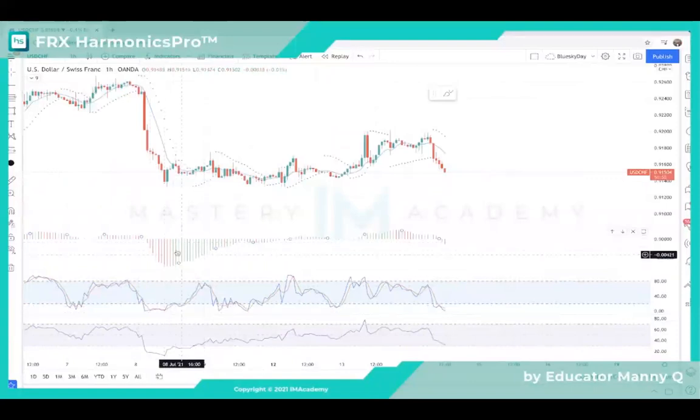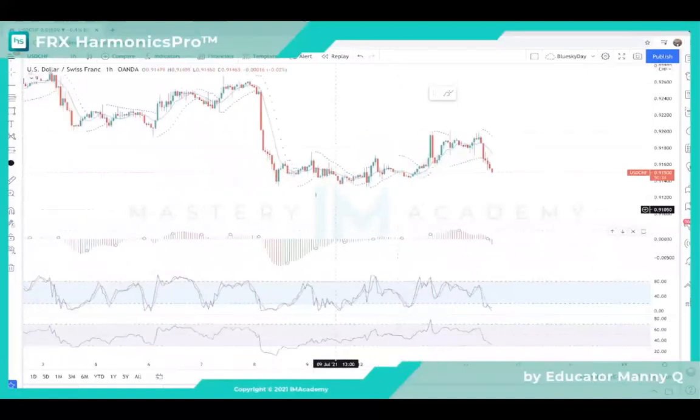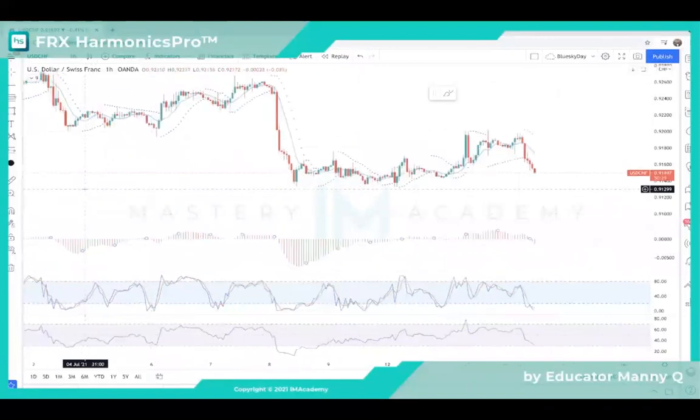The MACD and the awesome help you understand the momentum by the bar colors above and below. So if the bar colors are green below, that means that there is buyer's momentum. If the bar colors are red above, that means there's seller's momentum. So traders will look to use a combination of these different things.